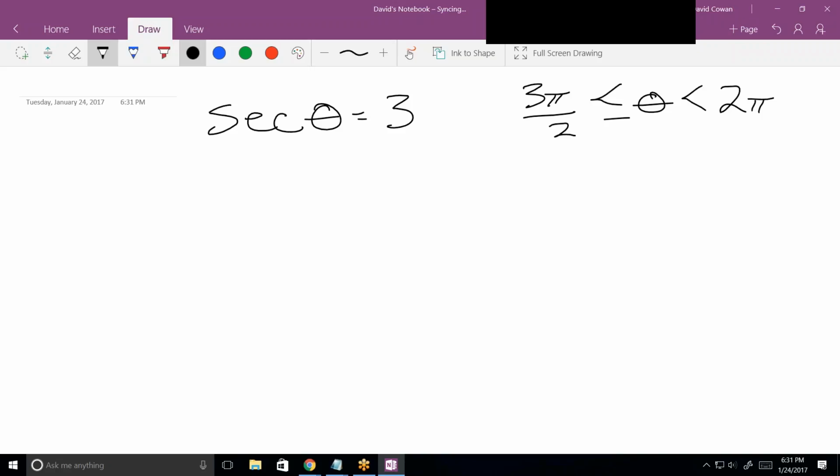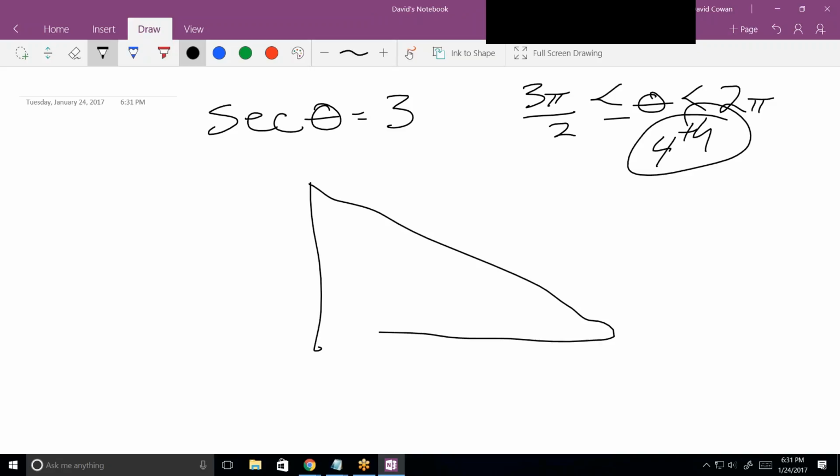There's a really easy way to do all of these problems. Step 1, figure out what quadrant that is. Quadrant 4. Yeah. I'm not even sure that's step 1. That might be step 3. Usually my step 1 is draw a triangle and label theta.